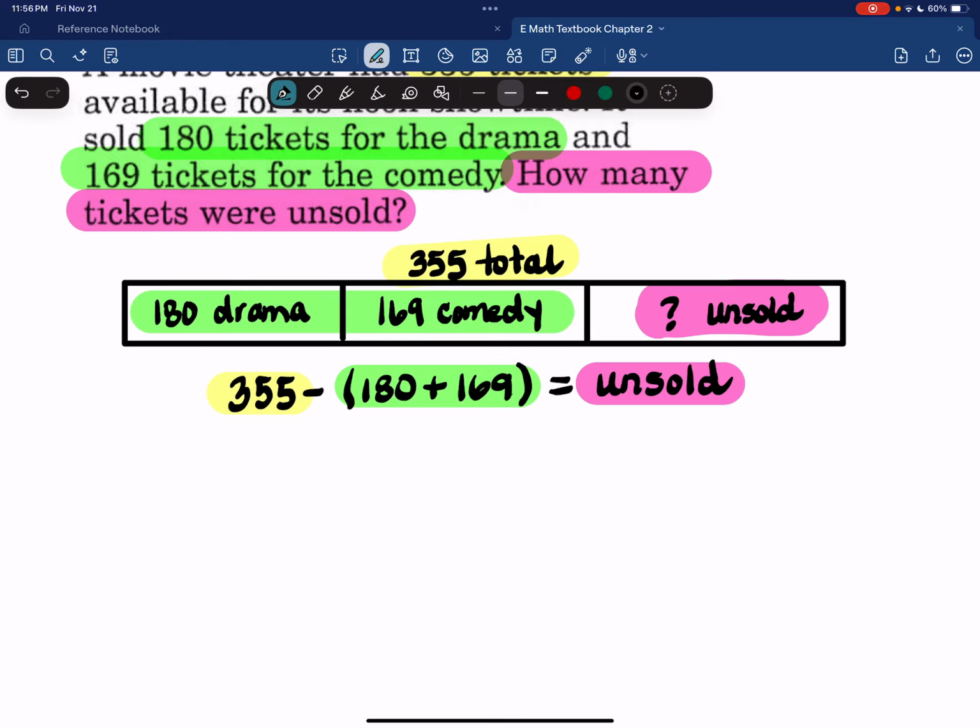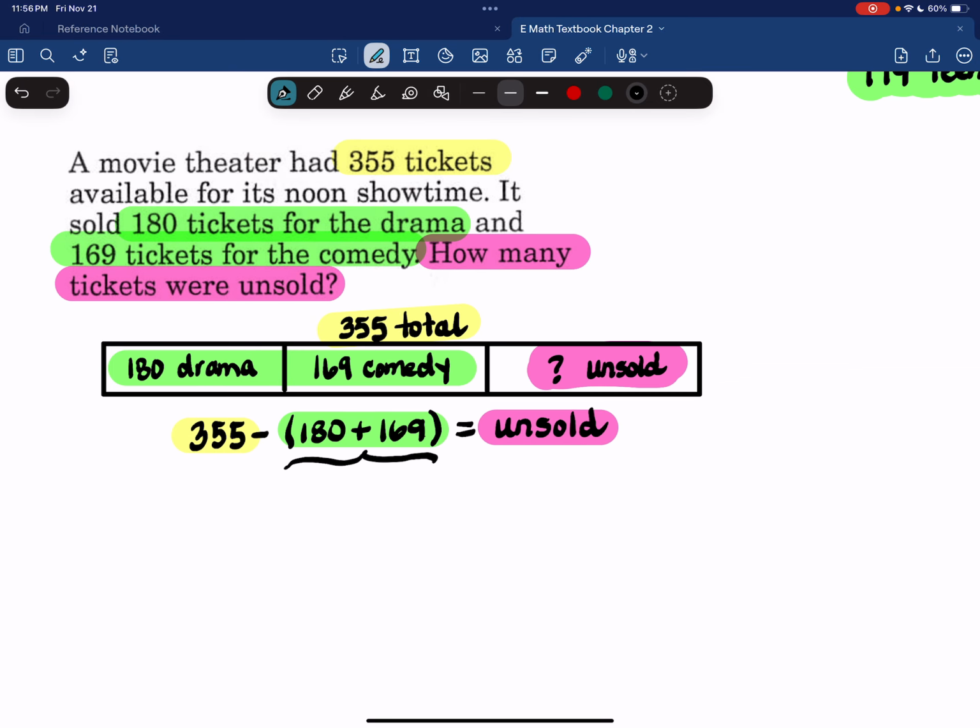Okay, so the first thing you and I need to do is this addition problem right there. We need to find out what that amount is. So 180 plus 169 is 349. So that's our drama and our comedy together.